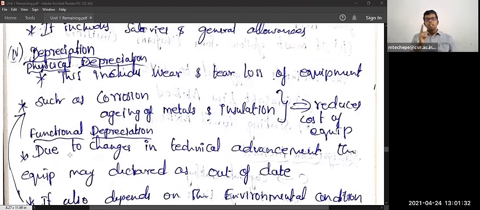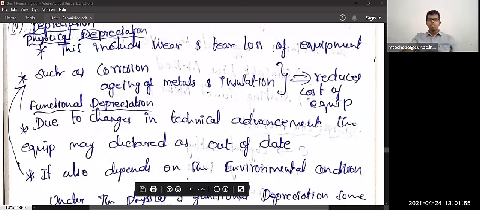But even so, that generator's life will come only to 5 years. So again, you need to replace that generator. If you replace the generator once in 5 years, automatically your cost of the tariff will also be increasing. So that is also physical depreciation.